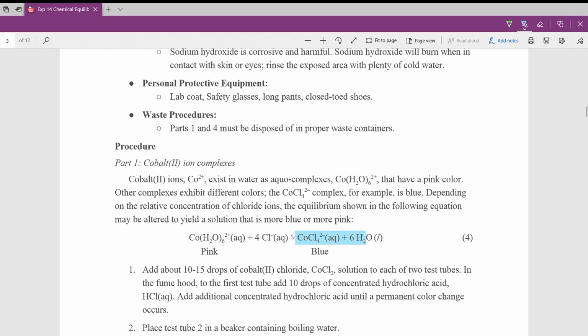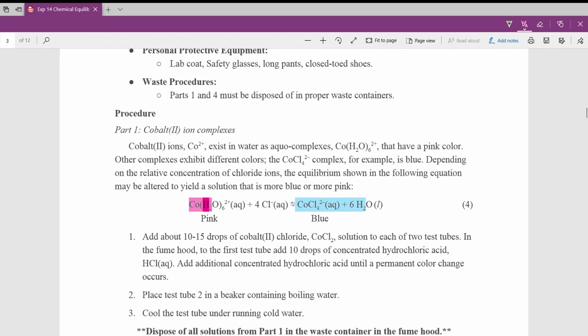There we go. This side is blue. This side is pink. Okay, anyway, one side's blue, one side's pink. Okay, last video, let's just get through it, shall we?